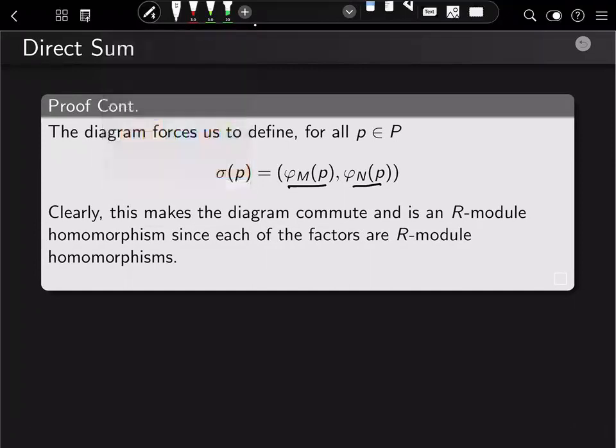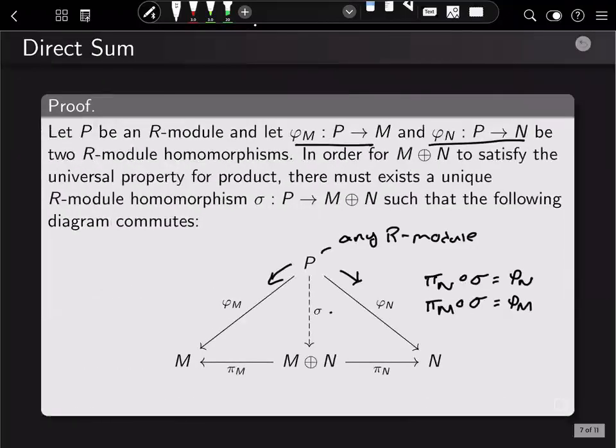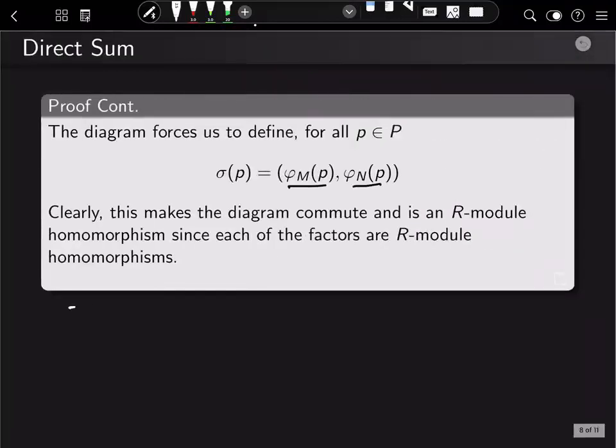We'll show both of them. So we want pi sub n composed with sigma to be equal to phi sub n.